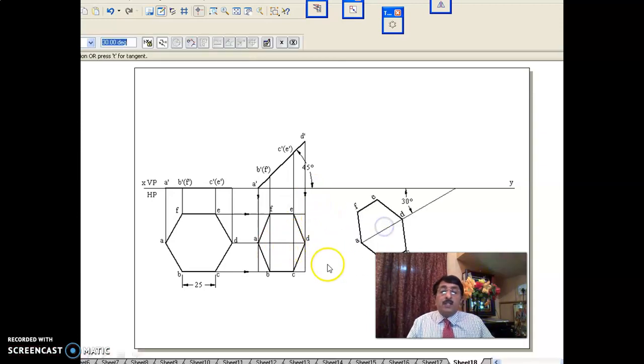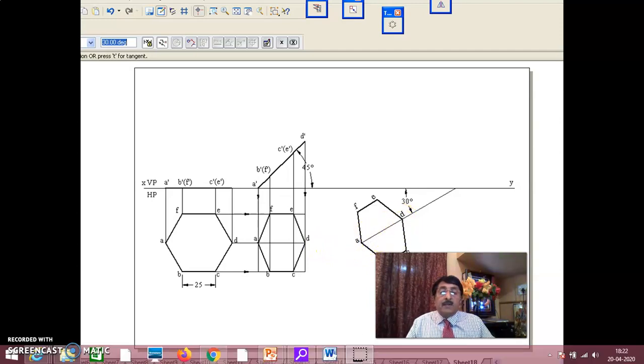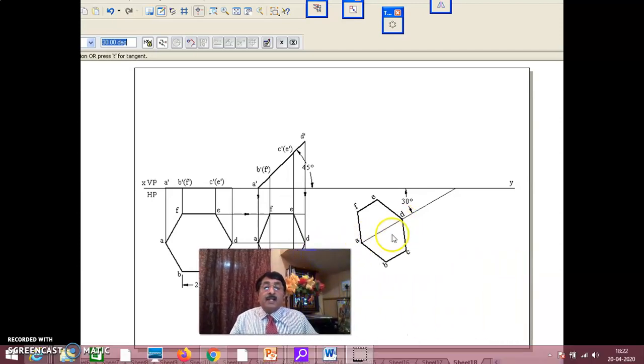Now what I'll do is, in this top view, the diagonal containing the corner AD, I incline at 30 degrees to VP. Okay, a simple problem. Take the same top view, move, copy, paste and rotate in such a way that AD is inclined at 30 degrees to VP.